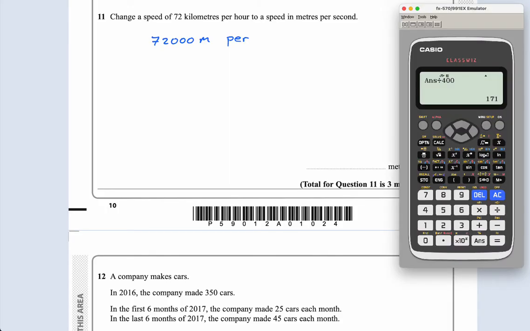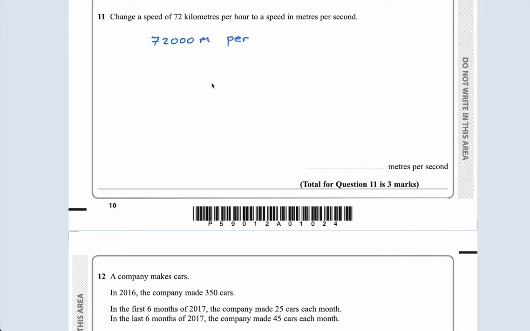Now guys, I know how many seconds are in an hour, and I'd advise you to know it too. But if in doubt, there's 60 seconds in a minute, and there's 60 minutes in an hour. So you just times 60 times 60, and it's 3,600. So if you were driving at 72 kilometers per hour, you're also driving at 72,000 meters per 3,600 seconds.